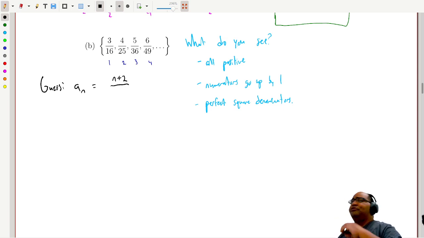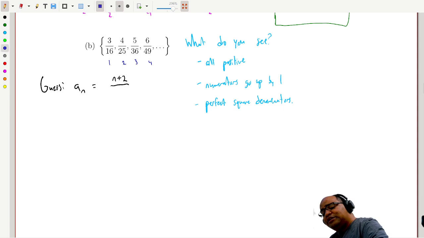And I at least know that my denominator is a perfect square, but the thing is, which square do I choose? Well, 16 is 4 squared. Okay, let's maybe make some educated guesses here. So 16 is 4 squared, and 4 is 3 plus 1.